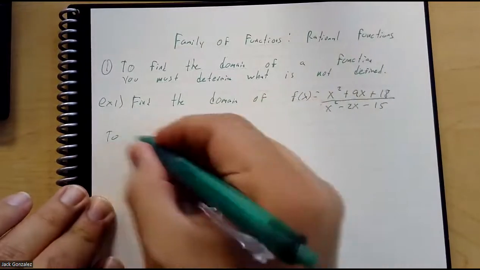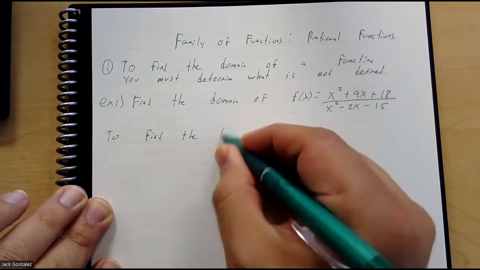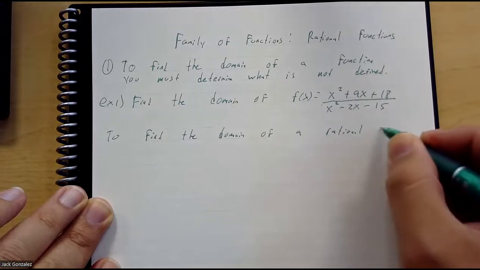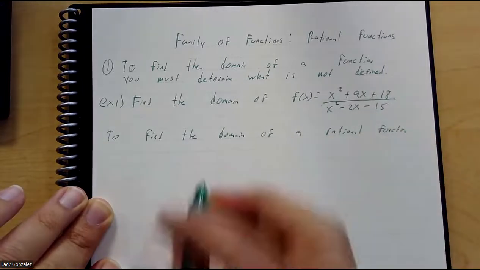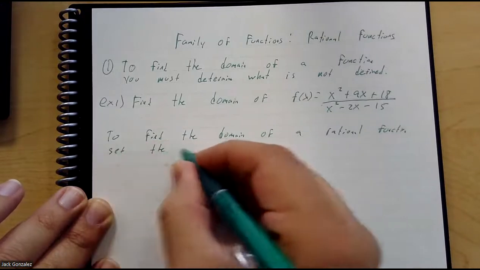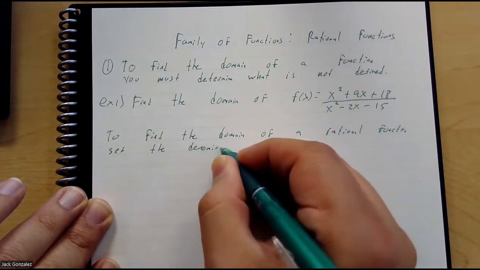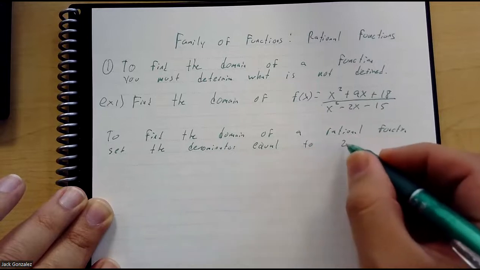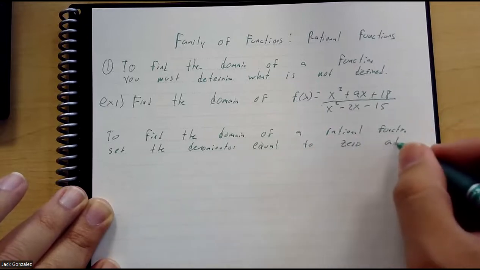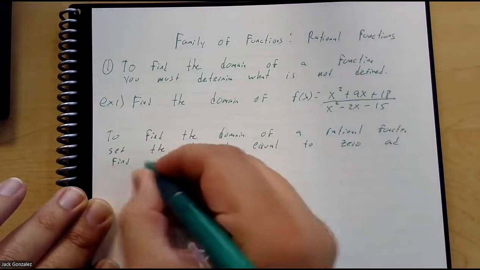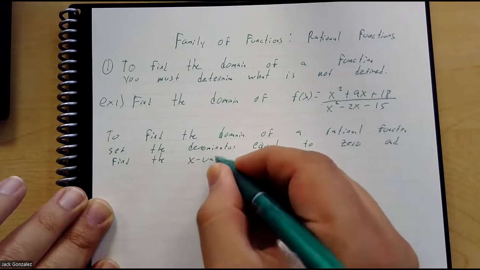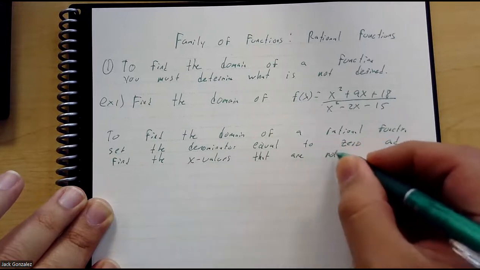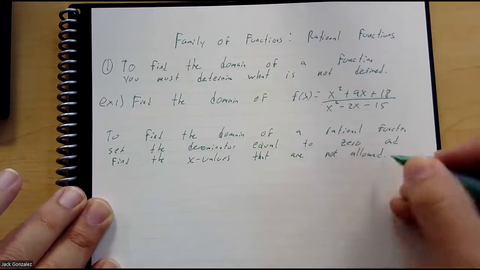To find the domain of a rational function, set the denominator equal to 0 and find the x values that are not allowed. It's basically what we are doing.